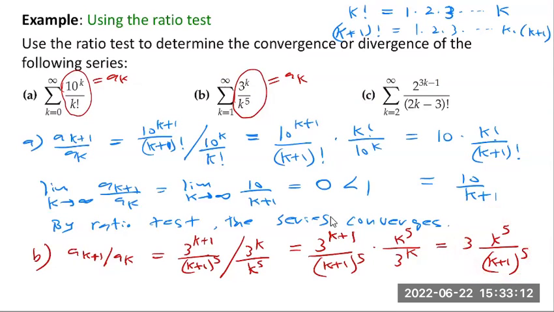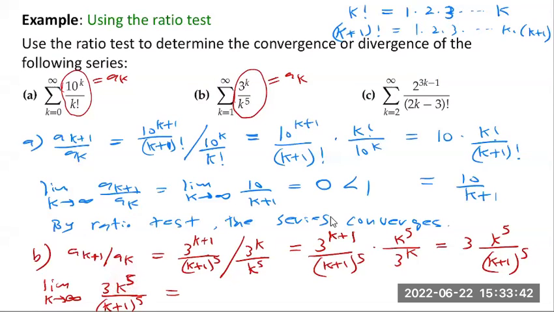Now, let me take the limit. Limit as k approaches infinity, 3 times k to the power 5 divided by (k plus 1) to the power 5. How do you find this limit? Well, if you expand this one, you will see that the highest degree term is k to the power 5, right? In the top also the highest degree term is k to the power 5.